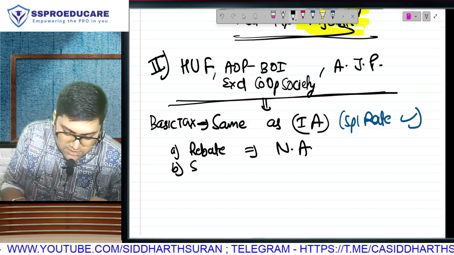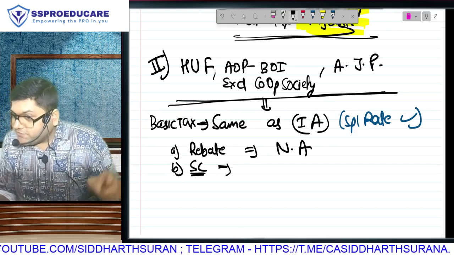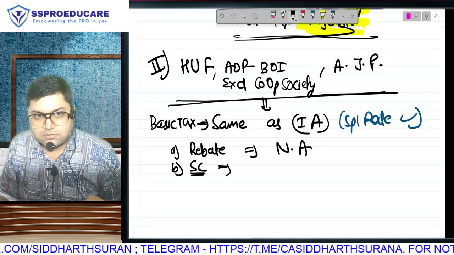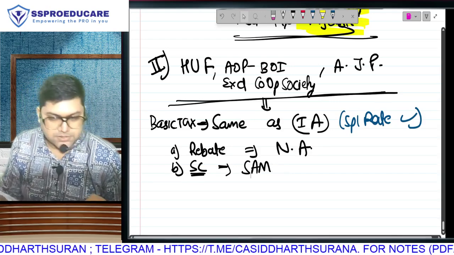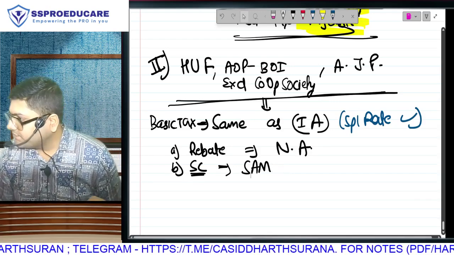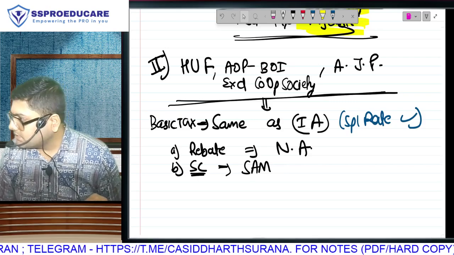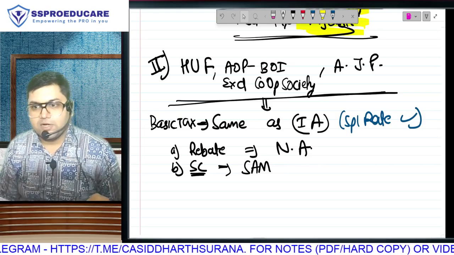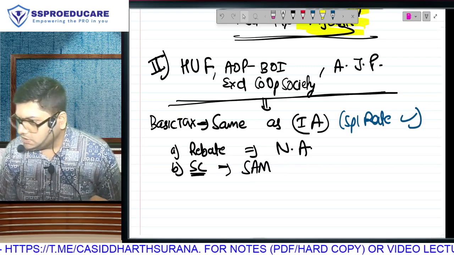Second, concept of surcharge, including marginal relief, including inapplicability of 25 and 37. Congratulations. 0, 10, 15, 25, 37. पूरा का पूरा same. Marginal relief same. 25, 37 not applicable for 5 cases same. Everything in surcharge is also same.